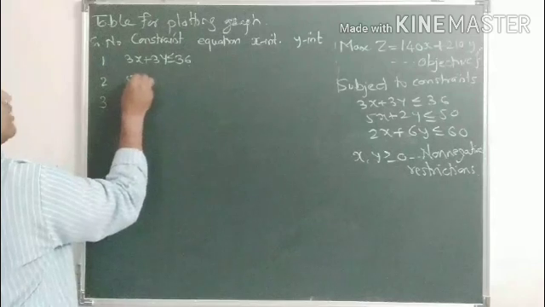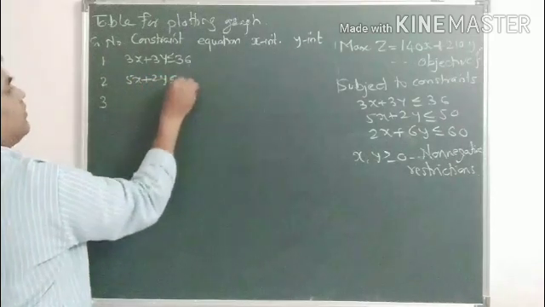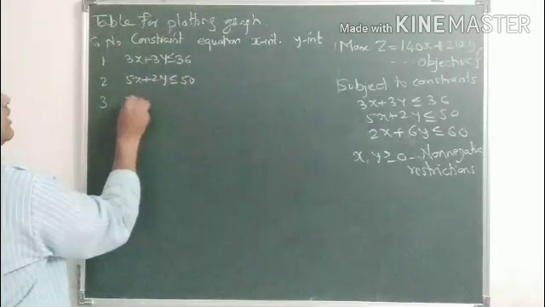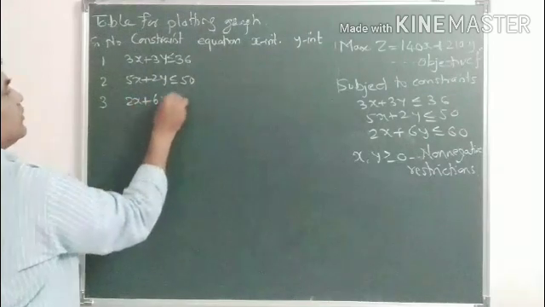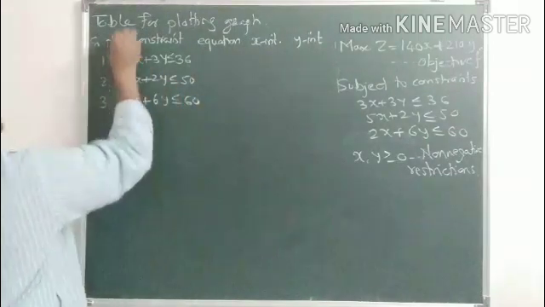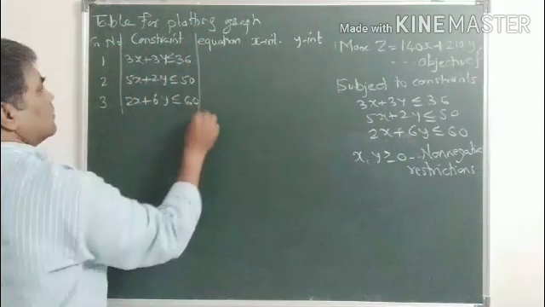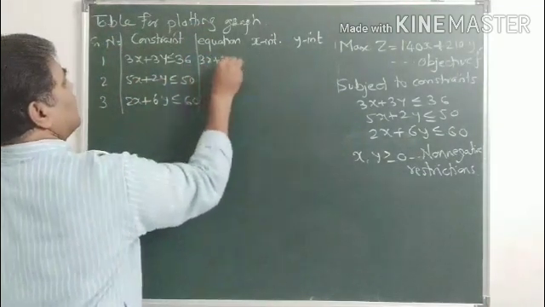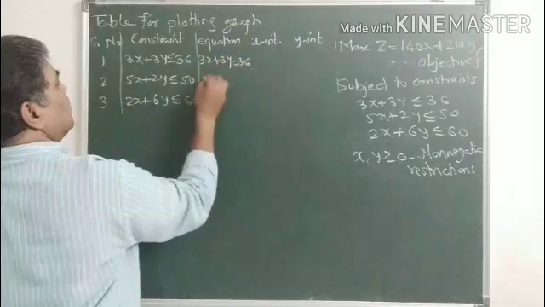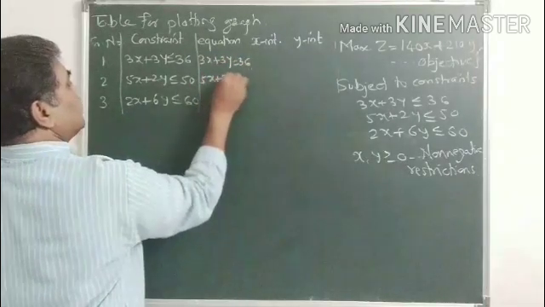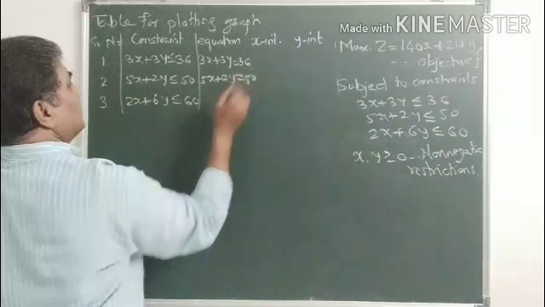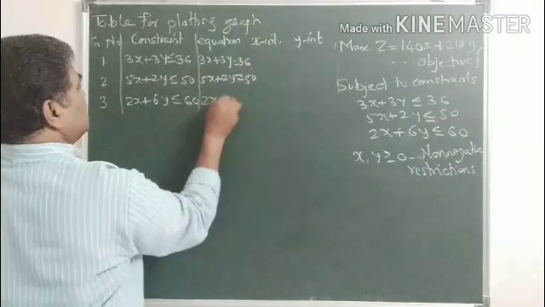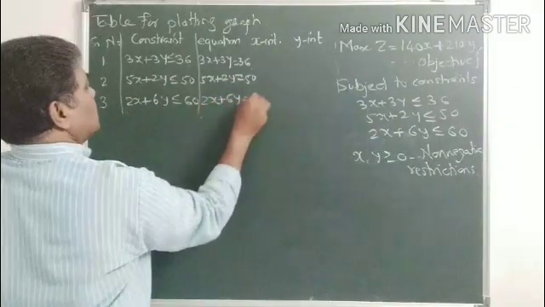Second: 5x plus 2y less than or equal to 50. Third: 2x plus 6y less than or equal to 60. Now the corresponding equations: 3x plus 3y equal to 36, 5x plus 2y equal to 50, 2x plus 6y equal to 60.